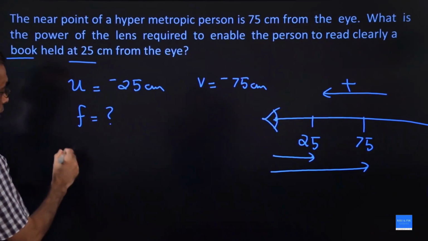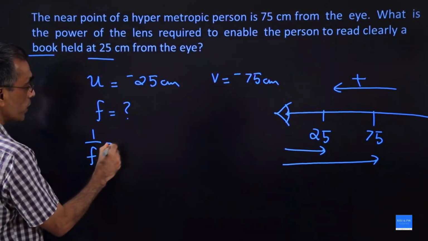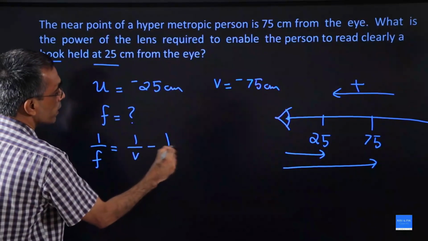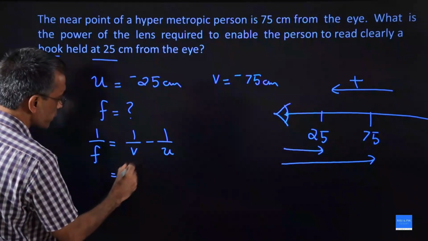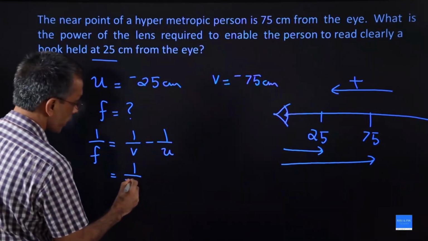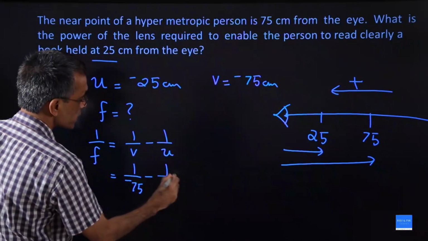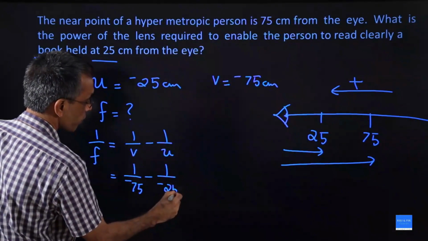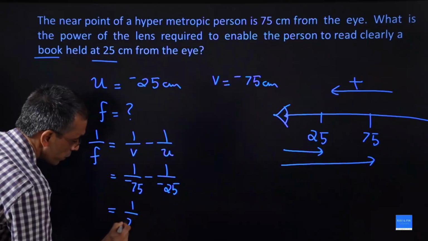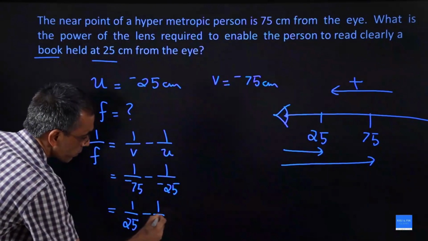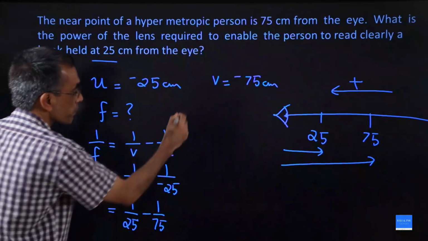f must be calculated. Go for the equation 1 by f equal to 1 by v minus 1 by u. Substitute 1 by v is minus 75 minus 1 by minus 25. This gives you 1 by 25 minus 1 by 75.